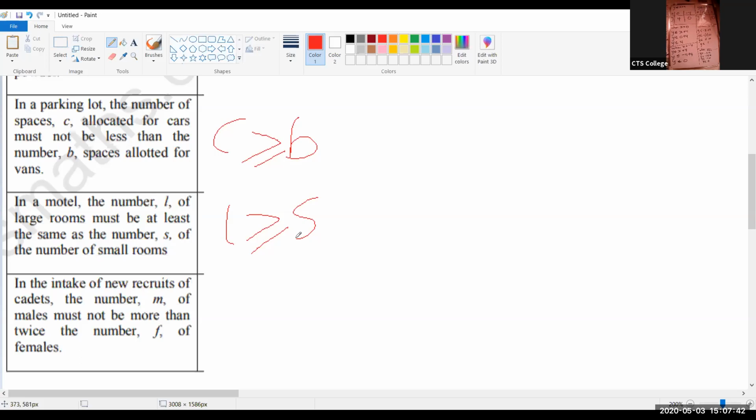M is less than or equal to 2F. Yes, M is less than or equal to 2F. Correct. Any questions so far before I move on? No, sir. All right, let's go back to the handout now.